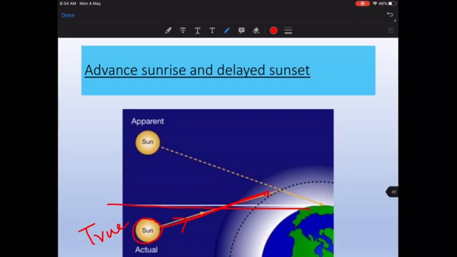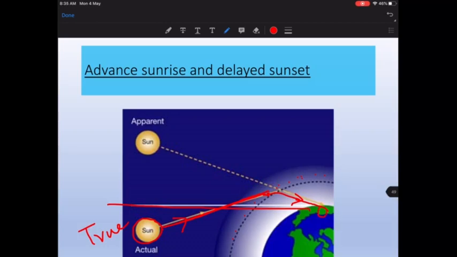Bending will start only when the layers of atmosphere start. This whitish, milky shaded area that you see here is where the layers of the atmosphere will start. As soon as it reaches here, it will start to bend, bend further, and then reach the Earth's surface. Correct?